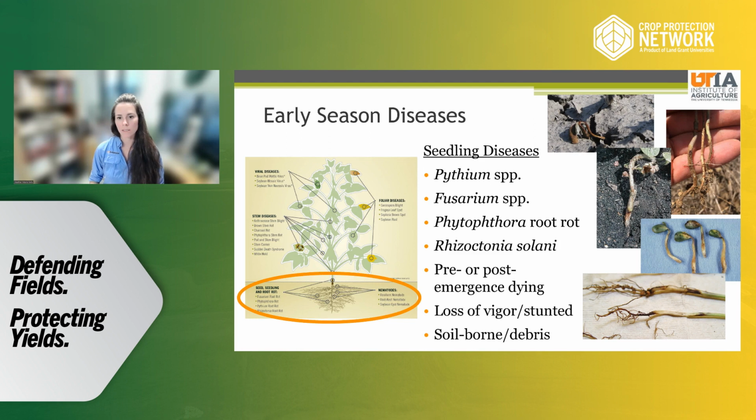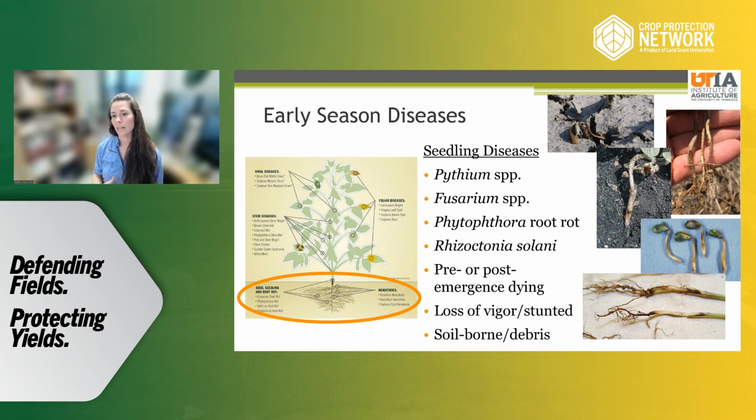So seedling diseases, obviously it's a complex of multiple pathogens, from fungal pathogens to oomycetes, that overwinter in the debris of previous crops and or the soil. They affect seedlings as they start to grow. And so the main symptoms you see with them, pictured there on the right, are called pre or post emergence damping off, or dying. So plants can rot and die before they germinate.